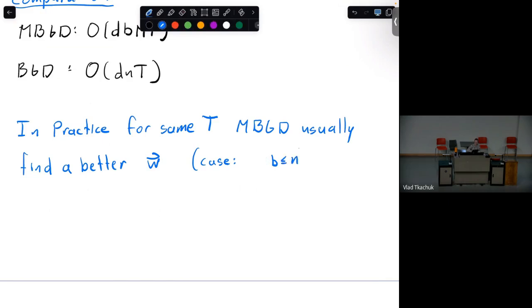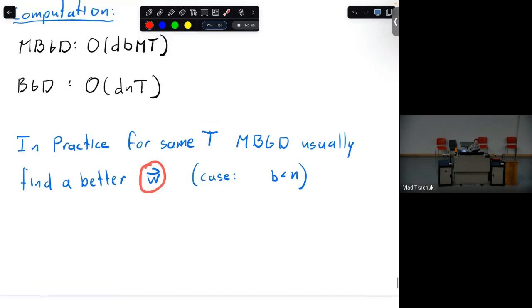Batch gradient descent would mean b equals n, so when I say mini batch gradient descent, I mean strictly less than n. If I pick a batch size of 30 and my n is 1,000 or 10,000 or whatever, then usually after the same number of epochs t, I'll get a better W. However, the computation for that t is the same for both algorithms. So for the same cost of computation, you usually get a better solution. And that's it for today.